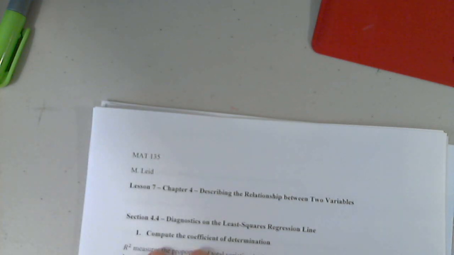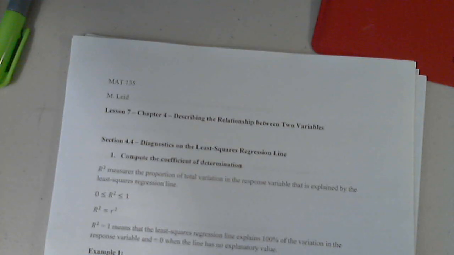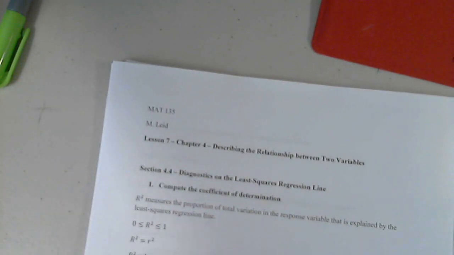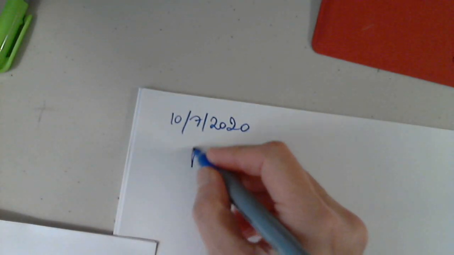So we want to compute what is called the coefficient of determination. That is very easy because it's simply r squared. We already have the correlation coefficient. All we have to do is square it. The correlation coefficient is given by the TI.